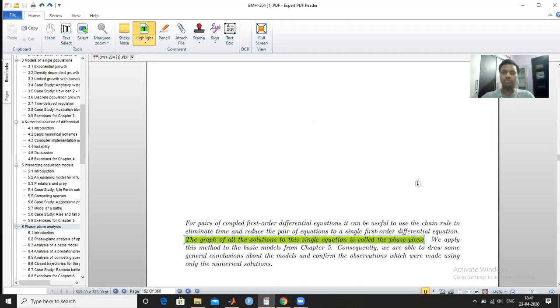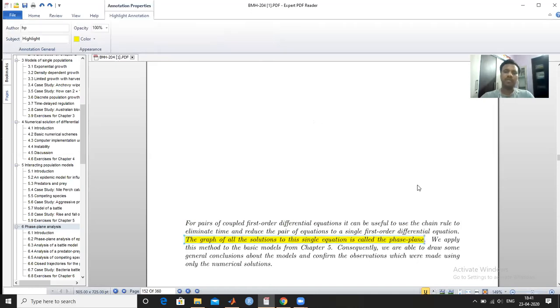So first of all, we should understand what is the phase plane. This definition is given only for a pair of coupled equations, but it can be generalized. It means if you have a system which consists of n differential equations having n state variables.